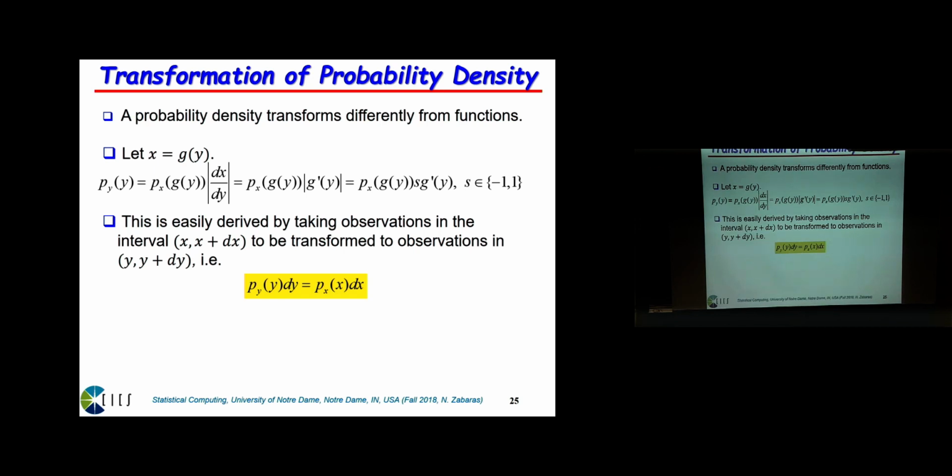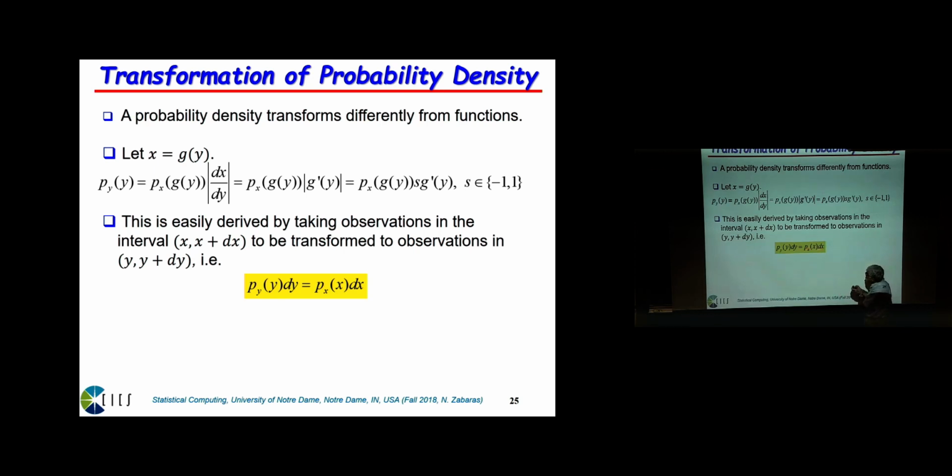Why? Because as you go from x to y, what you preserve is probability mass. Okay? So really what you preserve is, you look at the neighborhood of dx, right? And p of x dx is the probability that you're around x in a very infinitesimal slice dx, okay?